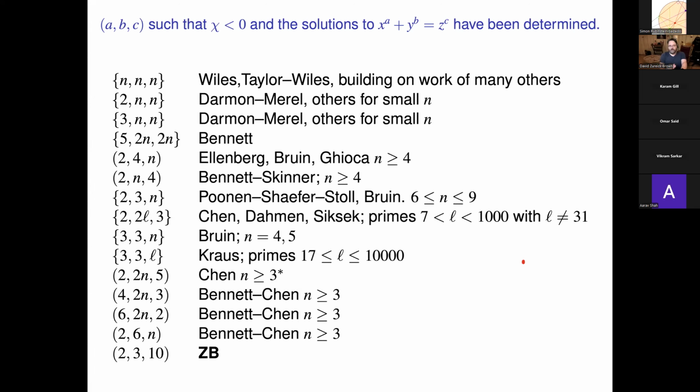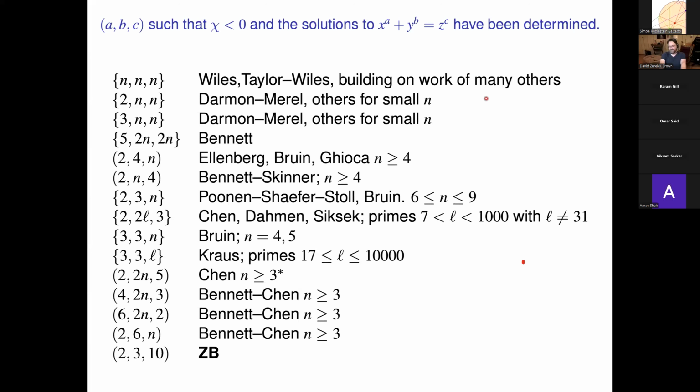Um, there is some hope. I've talked a little bit with John Voight about instead of using elliptic curves, using higher dimensional things. Elliptic curves are one dimensional. And there's another larger, but still incomplete list of collections of exponents where we think that might work. But the exponents 3, 5, and 7 don't seem to fit into any of those frameworks.